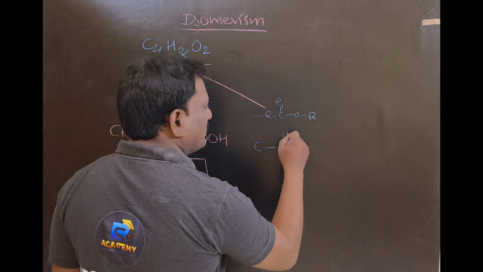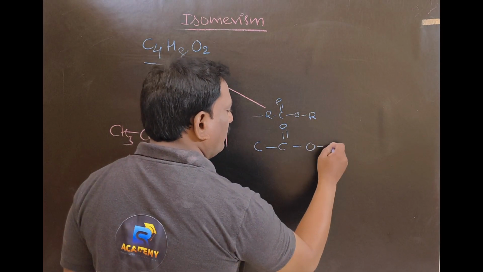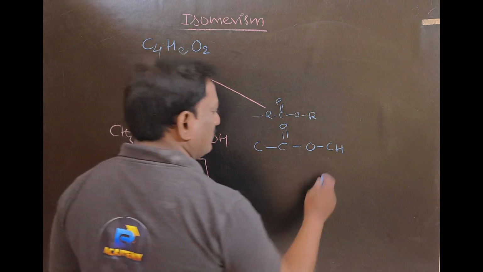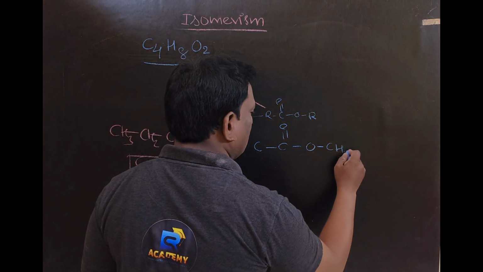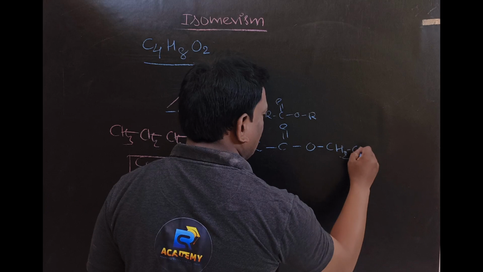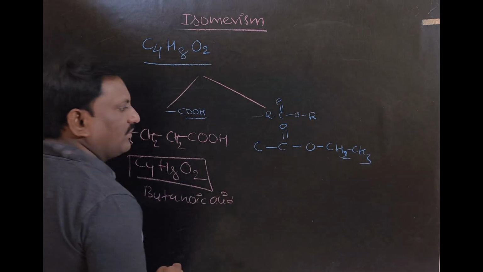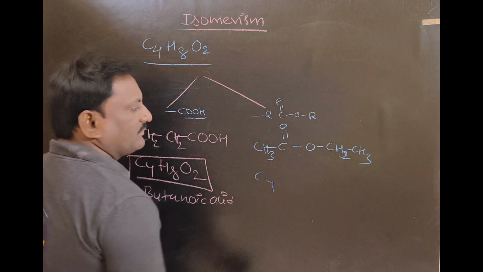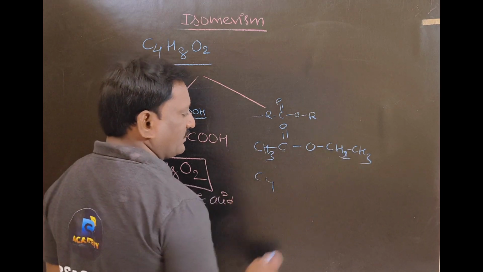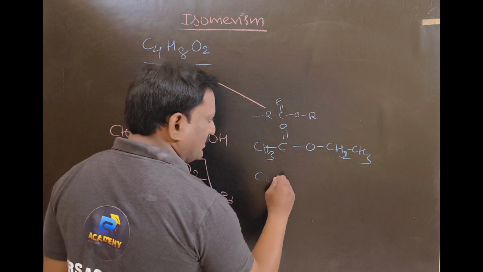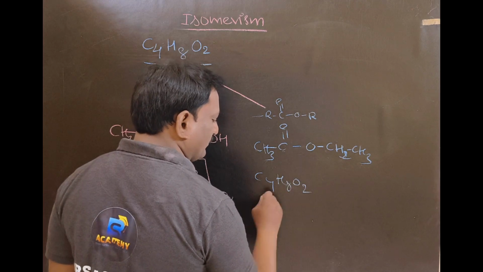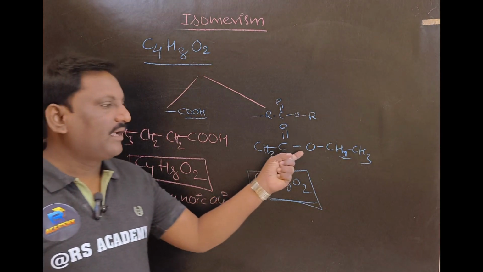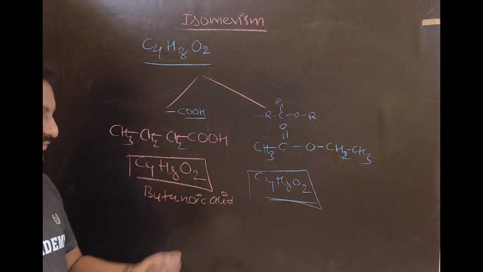Carbon, C double bond O, CH2, CH3. Total 4 carbons. C4H8O2. Same chemical formula, but this is the ester form, and that is the acid form.